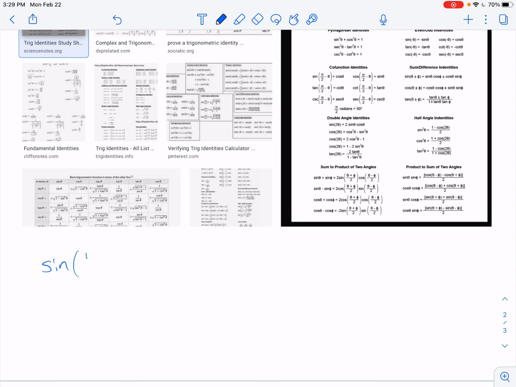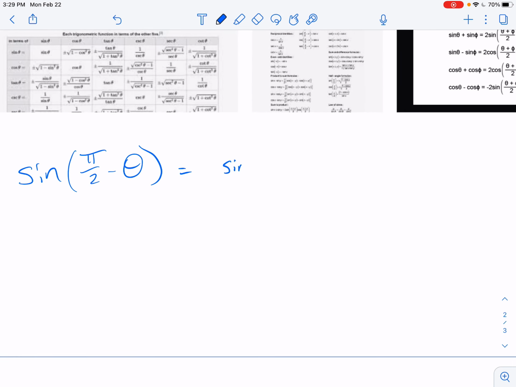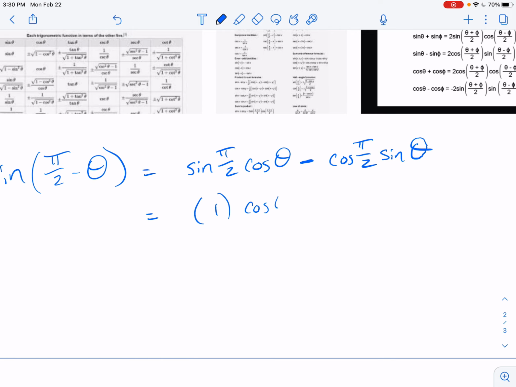Sine is sine cosine, same sign, cosine sine. Now what I know is that sine of pi over 2 is equal to 1, but cosine of pi over 2 is equal to 0. And so this is just equal to cosine of theta.